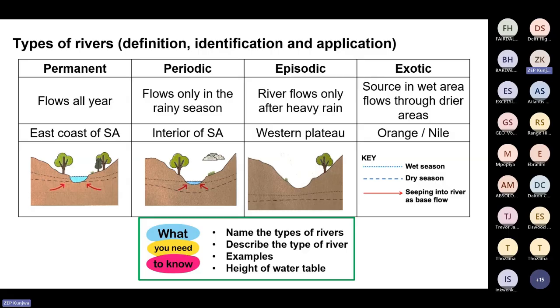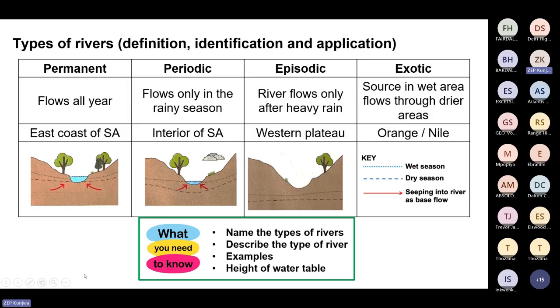You just need to pay attention to the things I will highlight for you. Now, we have a permanent river, which on the map is also known as a perennial river. And then you've got a periodic river, an episodic river, and an exotic river.